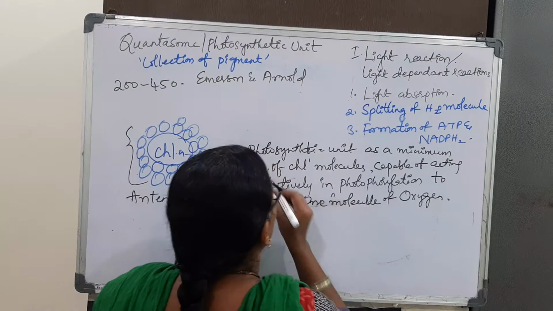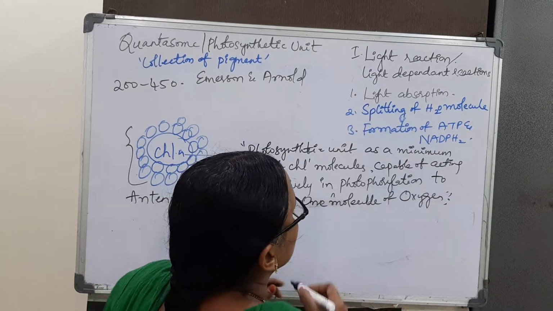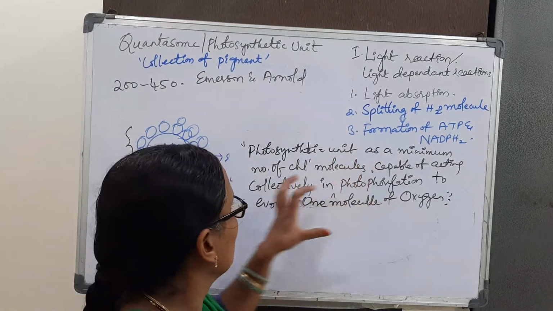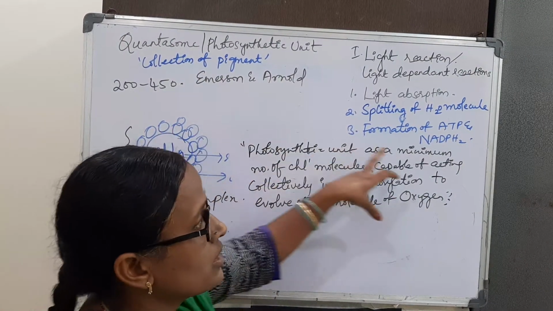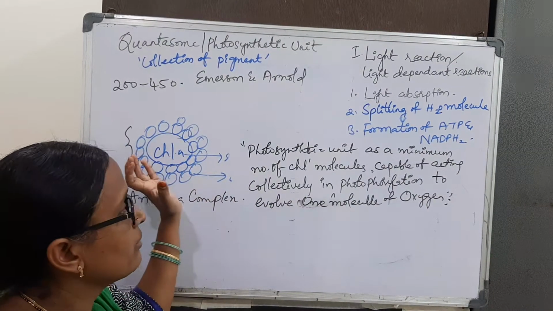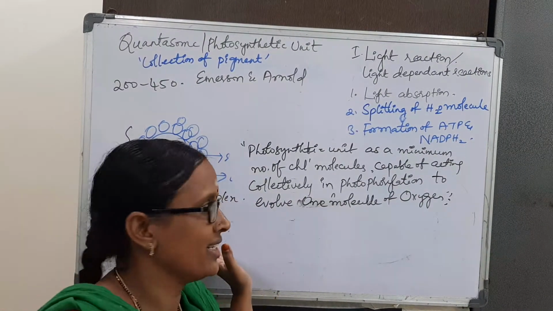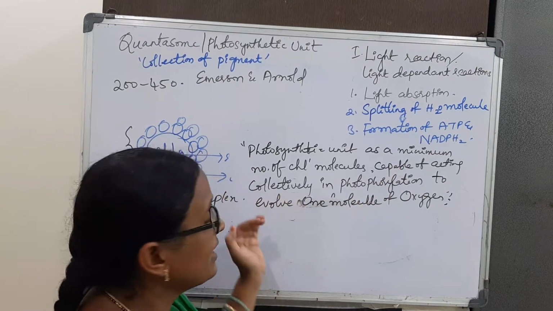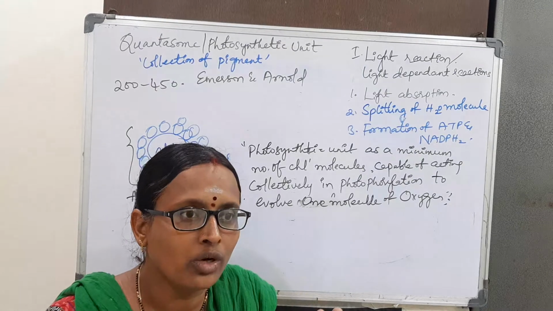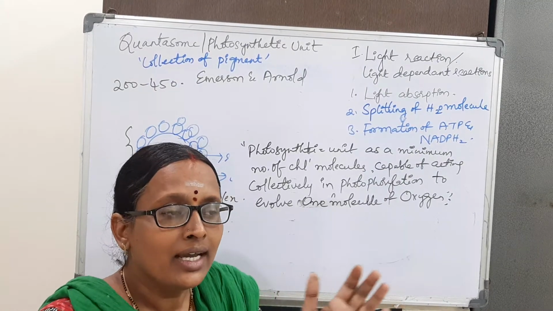Once again, what is the definition of this quantasome? The photosynthetic unit is the minimum number of chlorophyll molecules capable of acting collectively. A single chlorophyll molecule alone is not there in the quantasome.